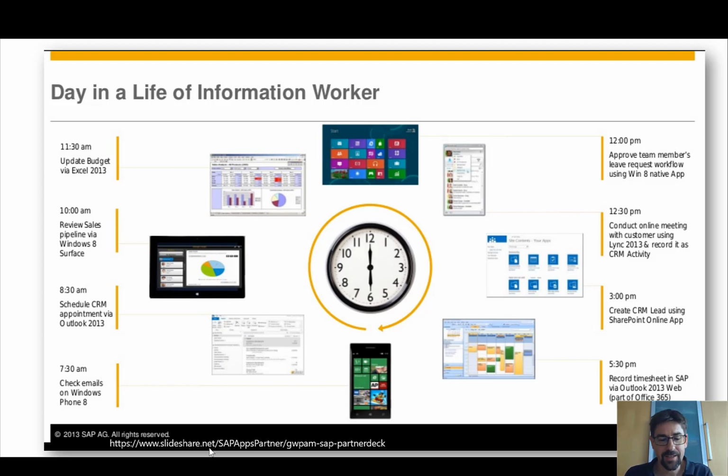So we started at that time with a Windows mobile phone. Well, you probably wouldn't see this anymore now, but still, since this is in the slide, we started with a mobile experience. Then the information worker would go to work. He would open up Outlook to interact probably with some SAP workflows.